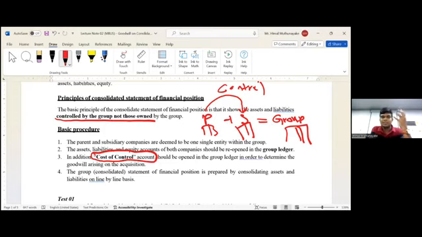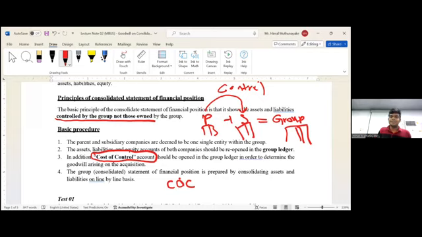So to calculate this cost, we use the account called cost of control, or we can mention it as COC. To acquire the control, whatever cost we incurred, we mention that in the cost of control account.